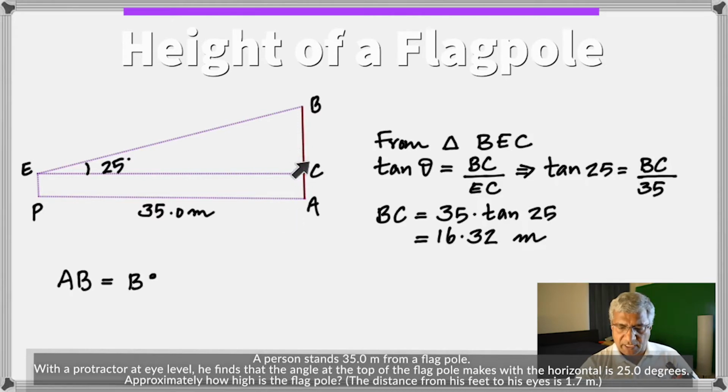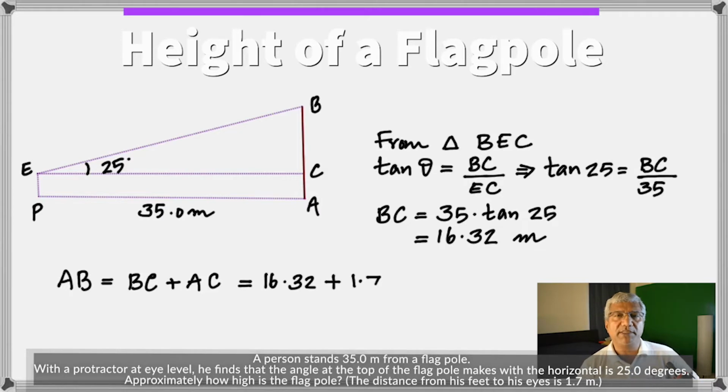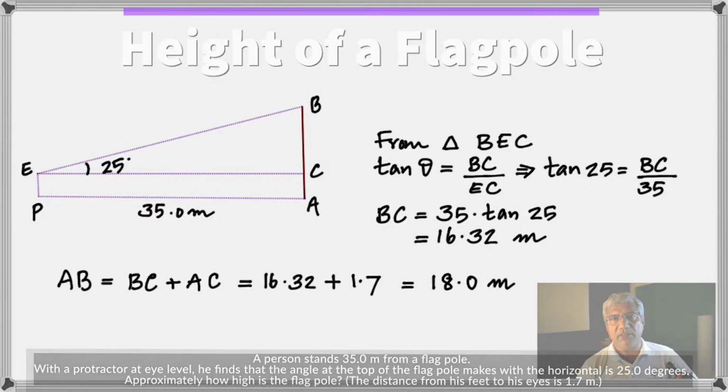But we got to add AC, and AC is given as 1.7 meter. So when you add them, you get 16.32 plus 1.7 meter, which happens to be 18.0 meters. So that's the height of the flagpole. So it's basically using trig here in this right angle triangle.